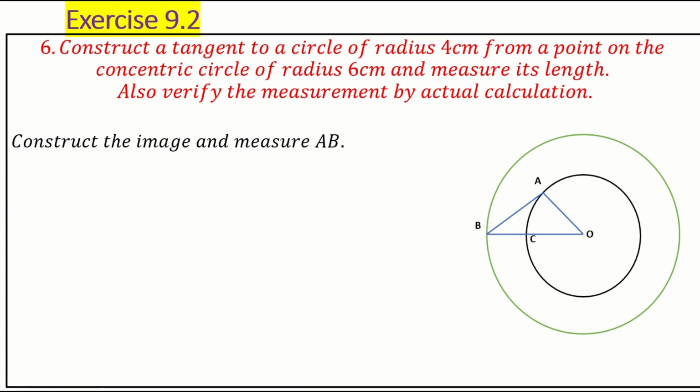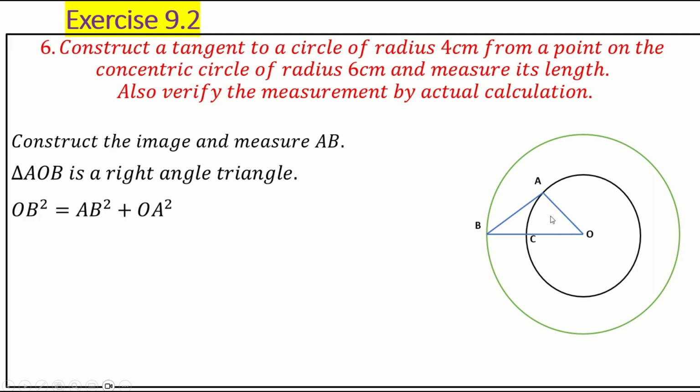Construct a tangent from this. BA is the tangent. Now AOB is a right angle triangle.